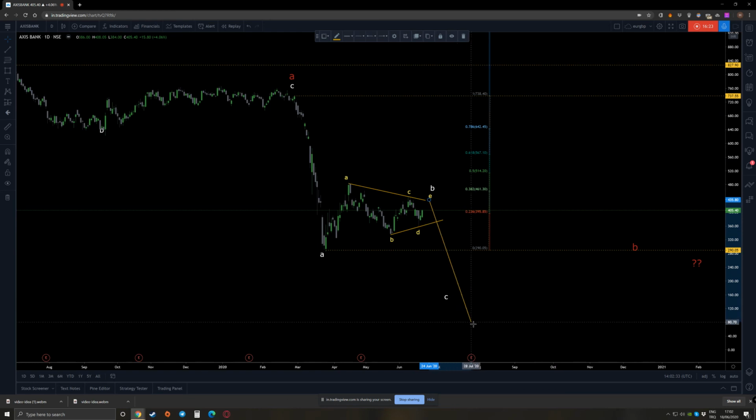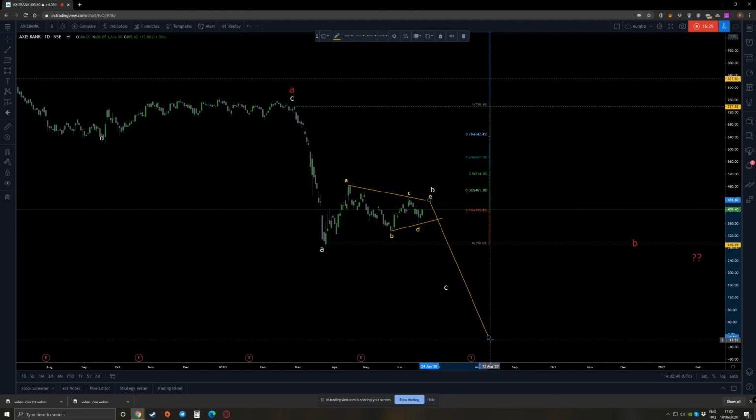If it will do a normal zigzag, it will go somewhere between 618 and 100. And if it goes even more than 100, which is not possible, because this will be minus, then it's like game over for this bank.